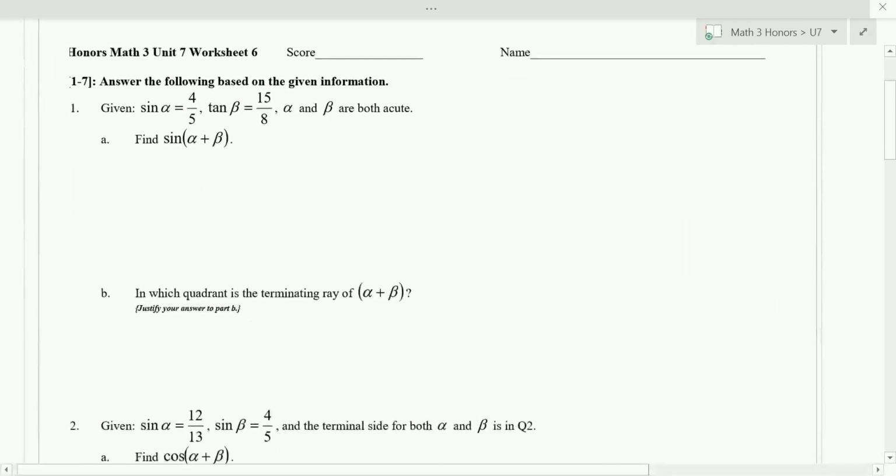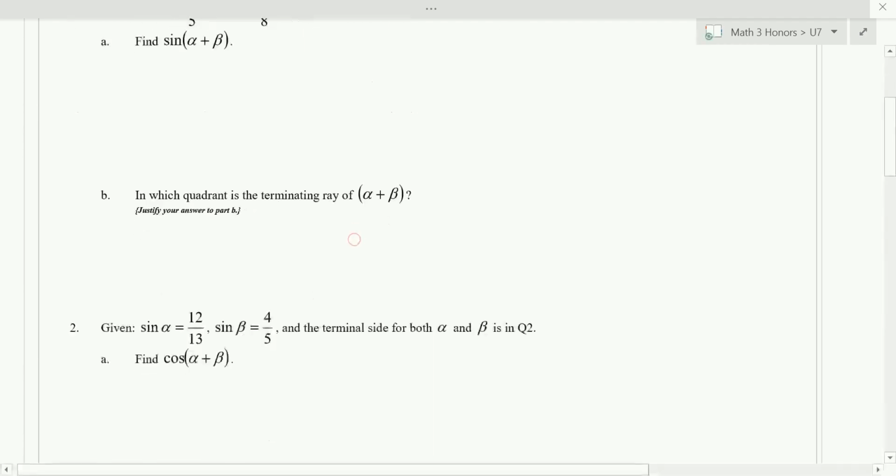Number one asks you to find the sine of alpha plus beta, and then in part B, that's the part A. Part B says what quadrant is alpha plus beta in, and so what else would we have to calculate? You could, yeah, so you find the cosine. So if you have the sine and cosine, then you can finish that off, and you justify your answer like we did. Number two is like that as well.